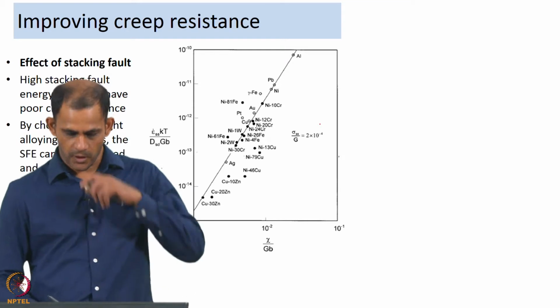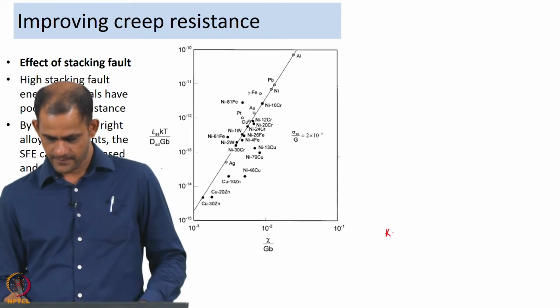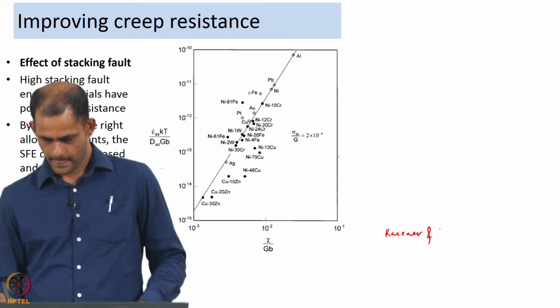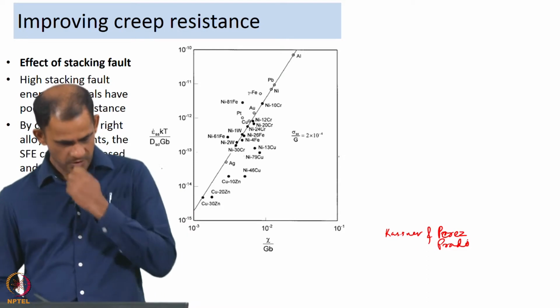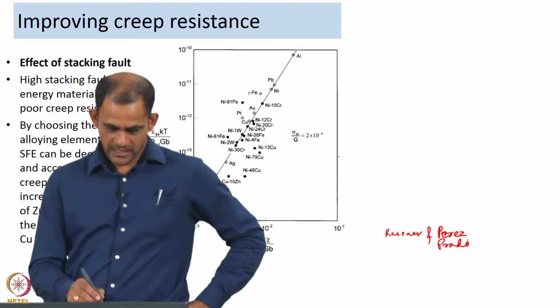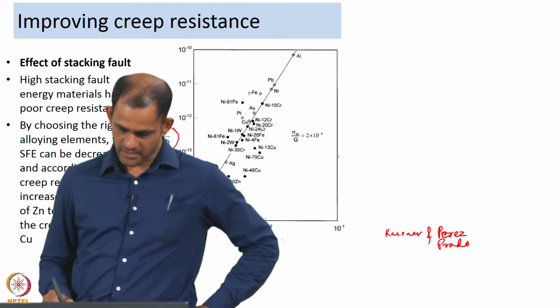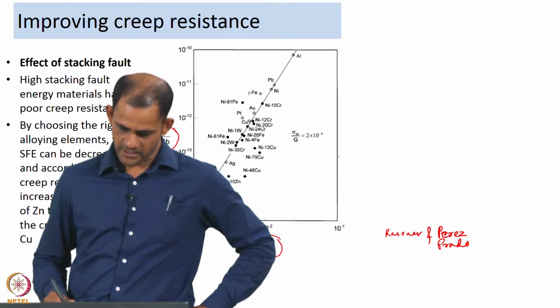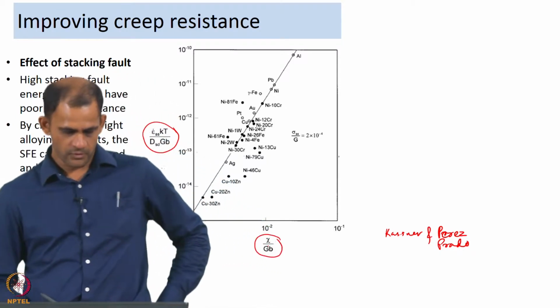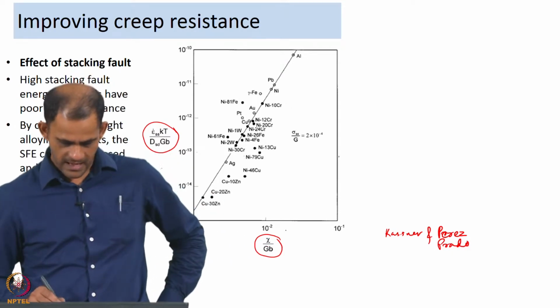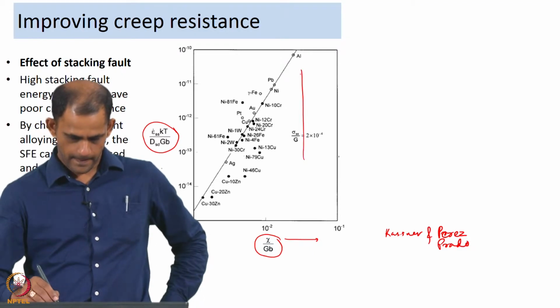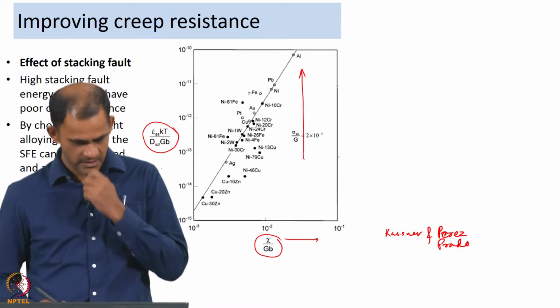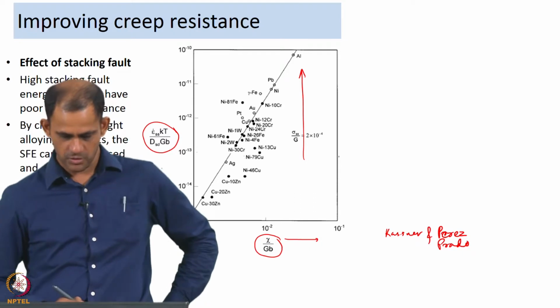In another plot in the same paper by Kastner and Perez Prado, they also talk about the role of stacking fault energy. So, if you look at the normalized strain rate versus stacking fault energy normalized by Gb, what is clearly emerging is, as this term increases, the strain rate of deformation, or the normalized strain rate, is also increasing.